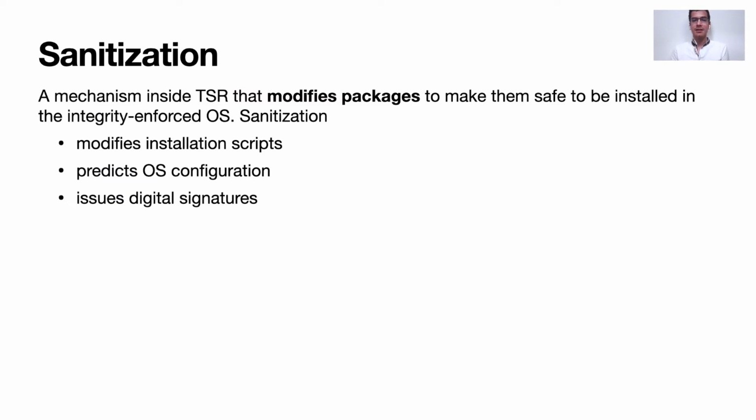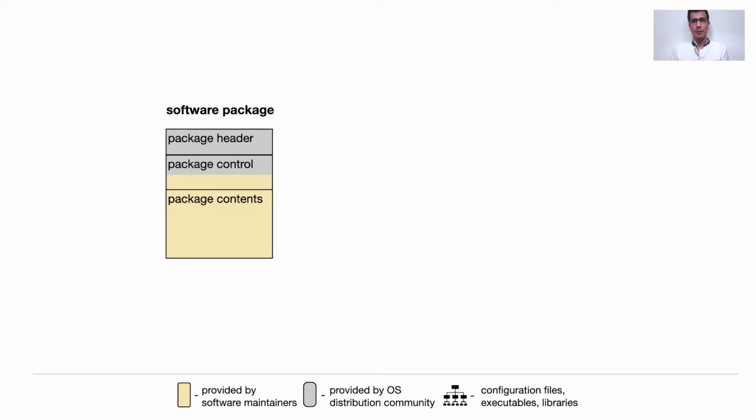The sanitization mechanism consists of modifying each software package available in the repository to make it be safely installed in the integrity-enforced operating system. Let's see how the TSR modifies software packages. A software package is composed of three parts.